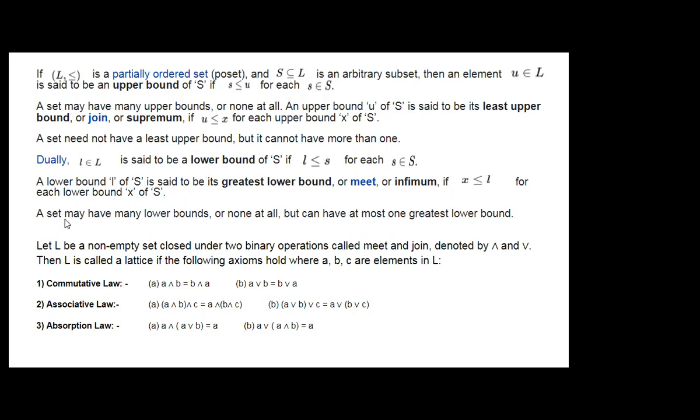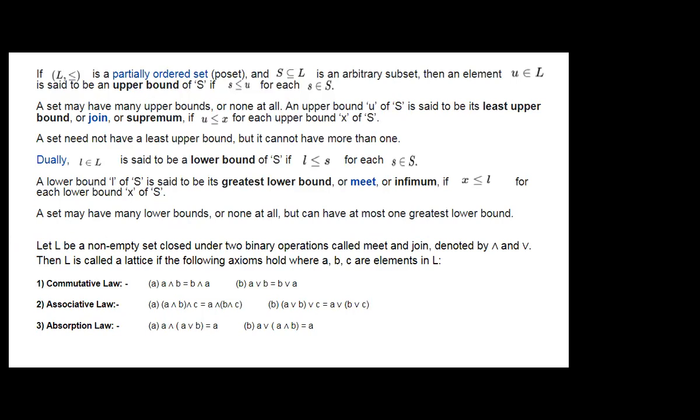It can have one or more lower bounds, but the greatest lower bound will be unique. Lower bounds may vary, but the greatest lower bound will be unique.